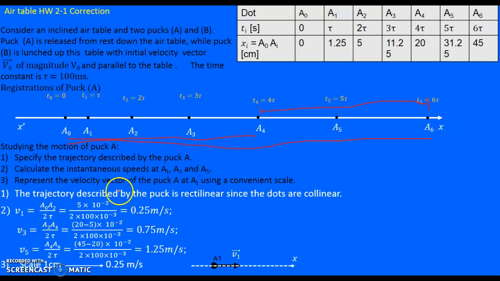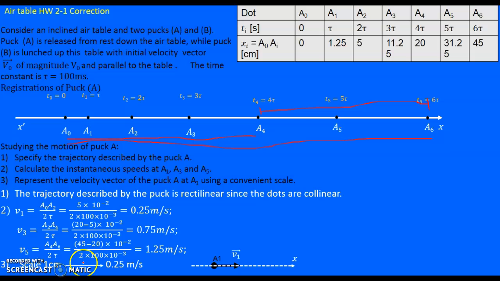Now represent the velocity vector of the puck A at A1 using a convenient scale. This means that we should have the instantaneous speed at this position, and we should know the direction. We calculated it and found it to be 0.25 meter per second.